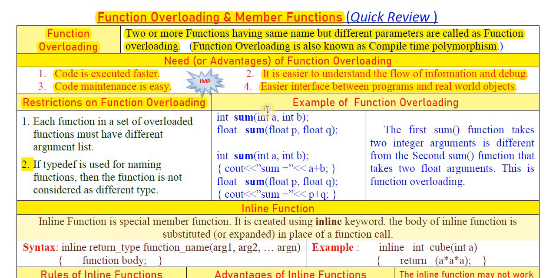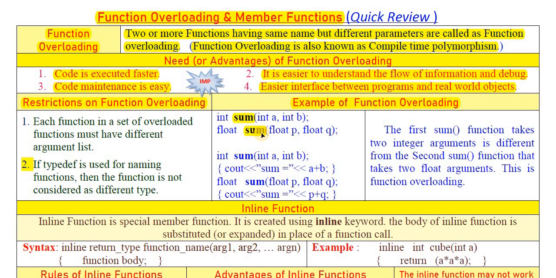Next, in exam sometime question will come like what is function overloading, explain with the help of example. Then you have to give the example. For giving example you have to take minimum 2 functions having same name but different parameters. Here in our example we are having 2 functions with same name, sum.